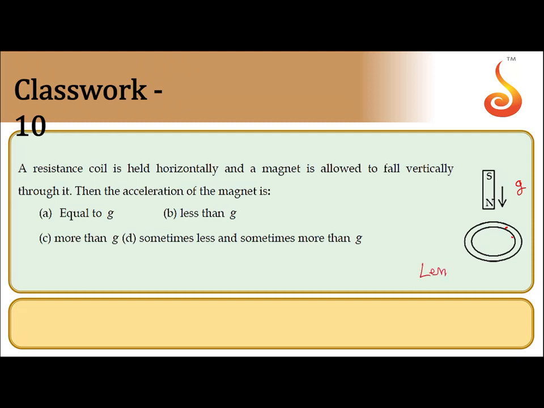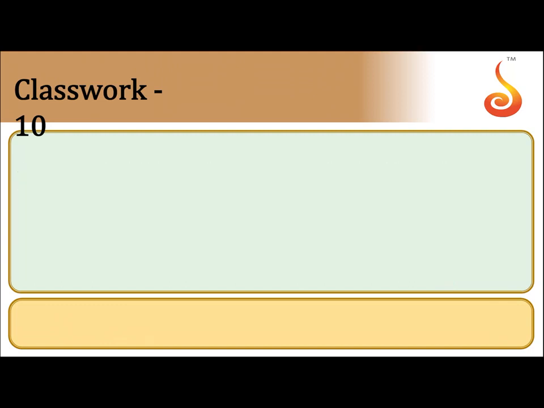And according to Lenz's law, the EMF induced will set up current such that when observing from the top, the current direction is anti-clockwise, such that this end becomes north pole. Then this north pole and the magnet's north pole repel each other. So because of this repulsion, the acceleration becomes less than g. So it is option B.